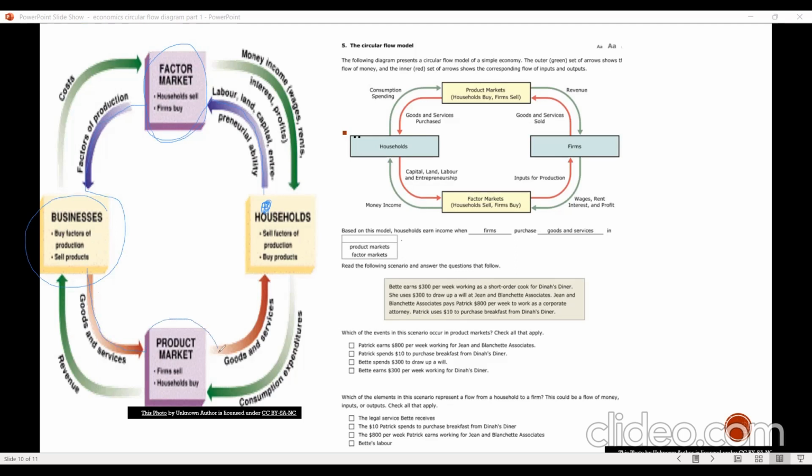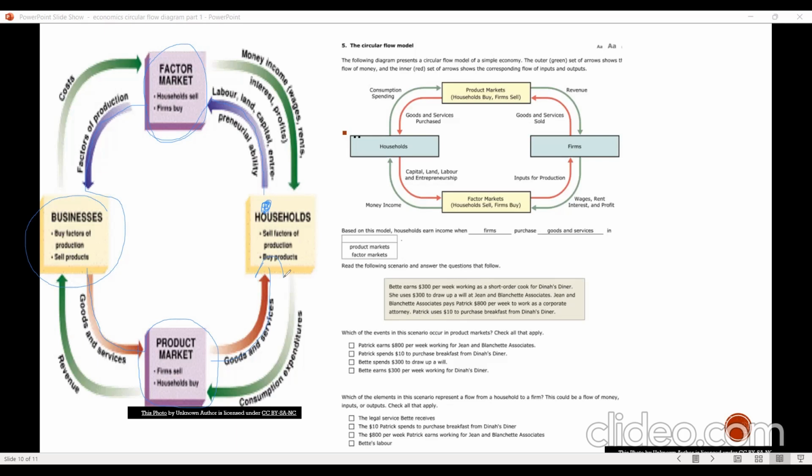Now, what happens when the goods reach the product market? They are going to sell those goods and services back to households. Right. This is the flow of goods, services, and factors of production. What is that flow called?